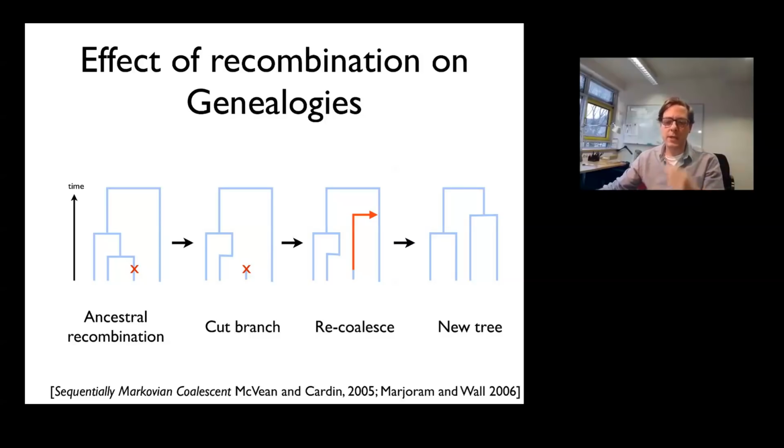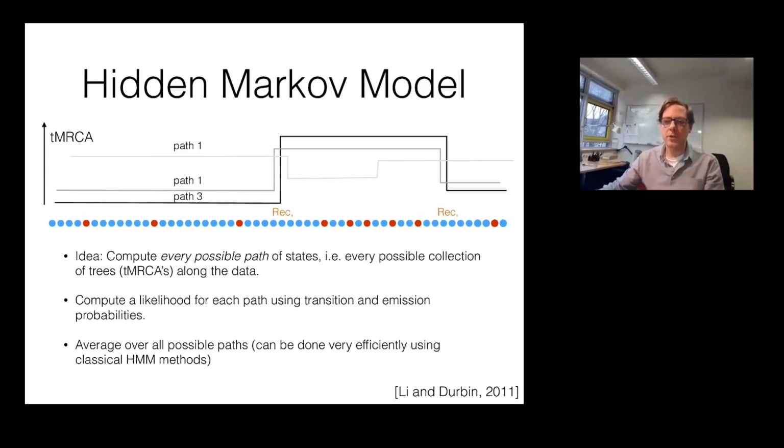We used that in 2014 in our model MSMC, but actually this was just a successor to another model called PSMC by Li and Durbin in 2011, which basically used this process of how trees change along the sequence to statistically sum up all possible paths, all possible sequences of times to the most recent common ancestor of a single pair of sequences.